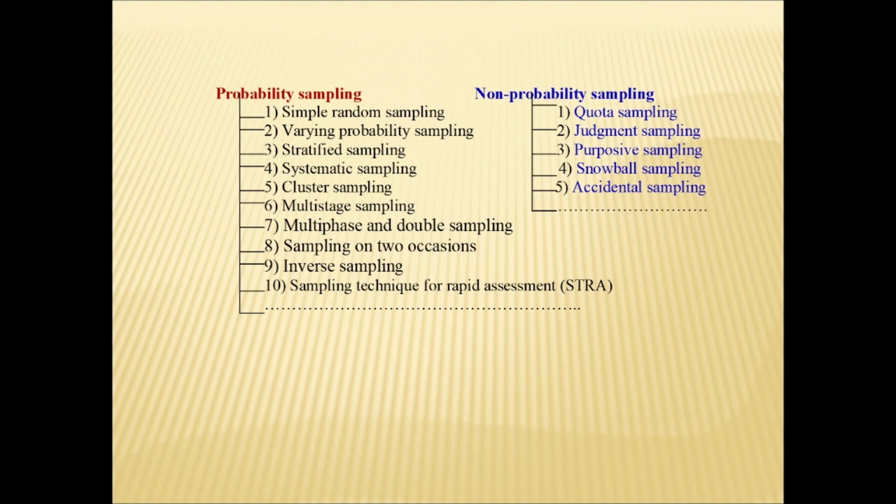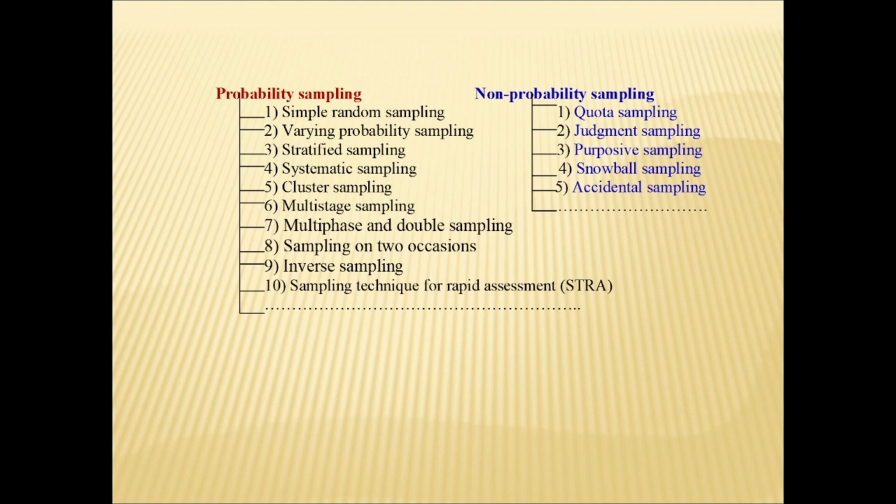Among non-probability sampling, quota sampling, judgment sampling, purposive sampling, snowball sampling, accidental sampling, these are nowadays gaining importance. Another method is bootstrap sampling. What for? In medical science and clinical trials with animals, you will have a small number of elements, so population size is very difficult to define.